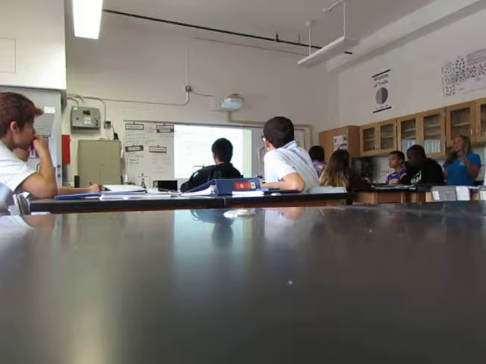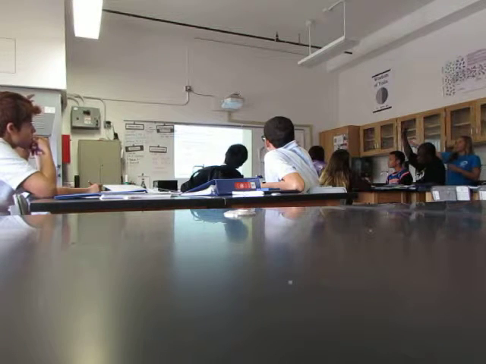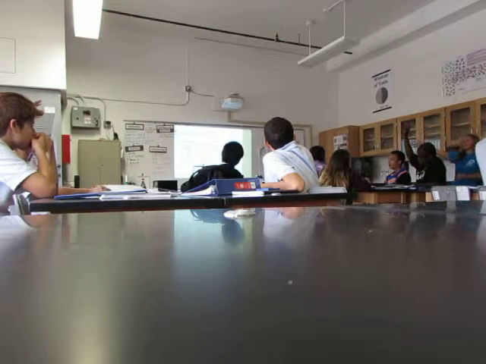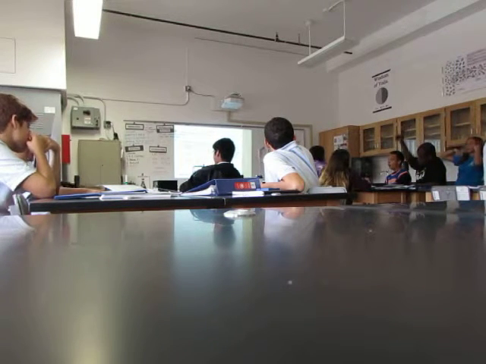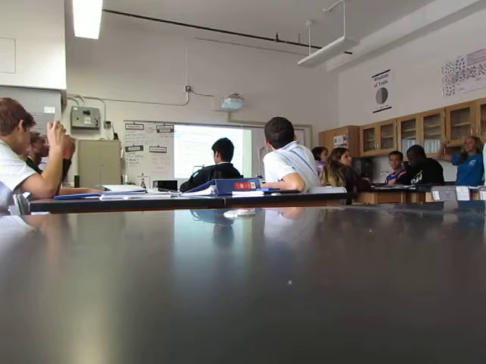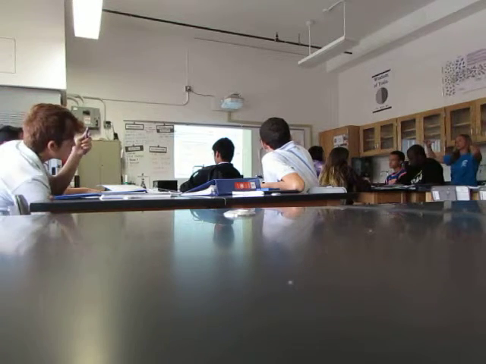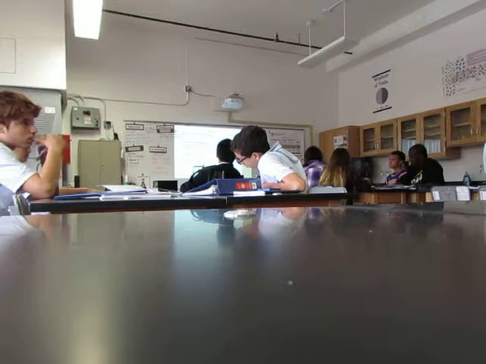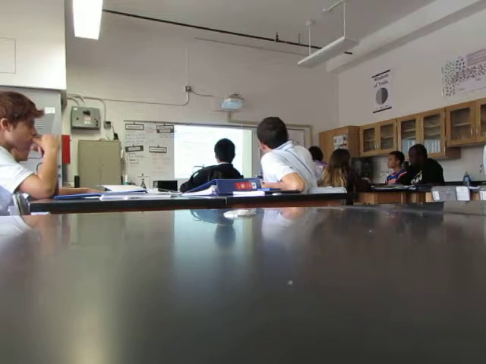If it's indirect, what would happen to the volume? If your pressure doubles, what's the indirect relationship that would happen to the volume? Go, Jamar. It will be half. It's going to be half. It's an indirect relationship, so it's almost exactly the opposite of what happens. We need to keep that in mind because that was a tricky question for you.